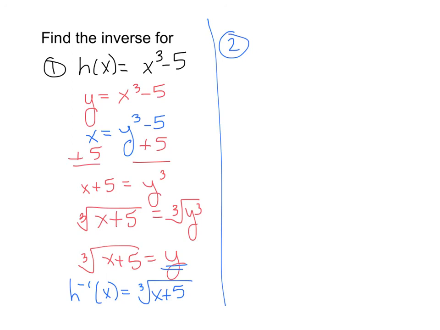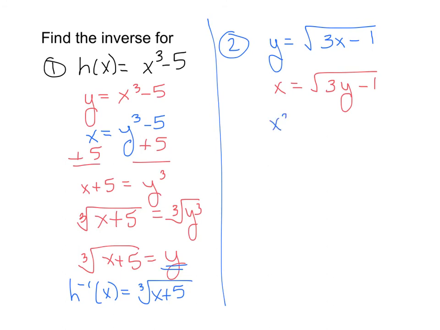This next example that we look at is y is equal to the square root of 3x minus 1. So we don't have function notation, so we're going to start by interchanging x and y. x is equal to the square root of 3y minus 1. Here we switched x and y, so now we want to start solving for y.